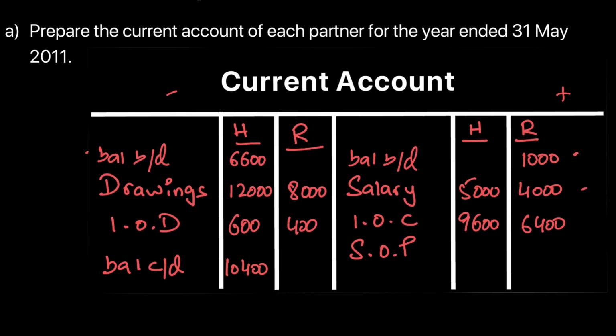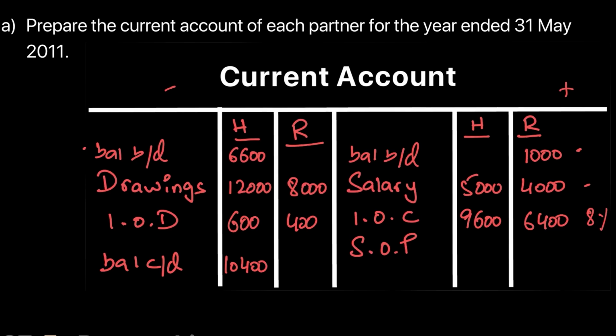Henry gets a salary of 5,000. Robin gets a salary of 4,000. I've written that down on the credit side. Interest on capital was 8% of their capital. So 120,000 was the capital for Henry, and we calculated that at 8%. And for Robin, similarly, it was 8% at 6,400.